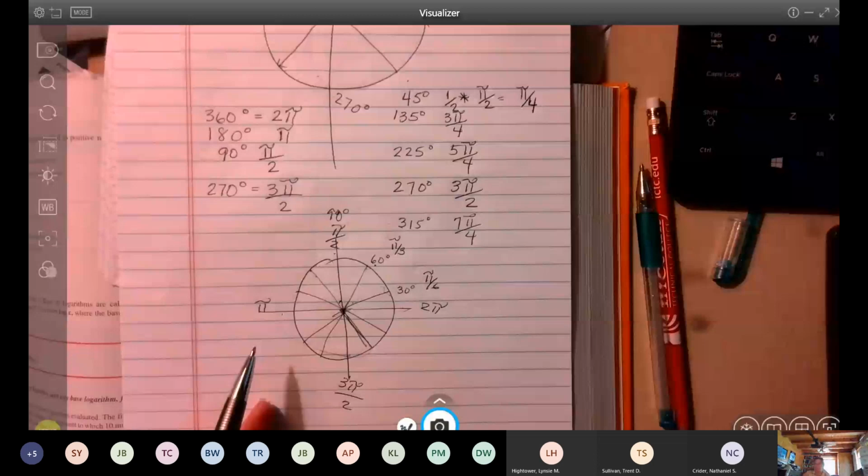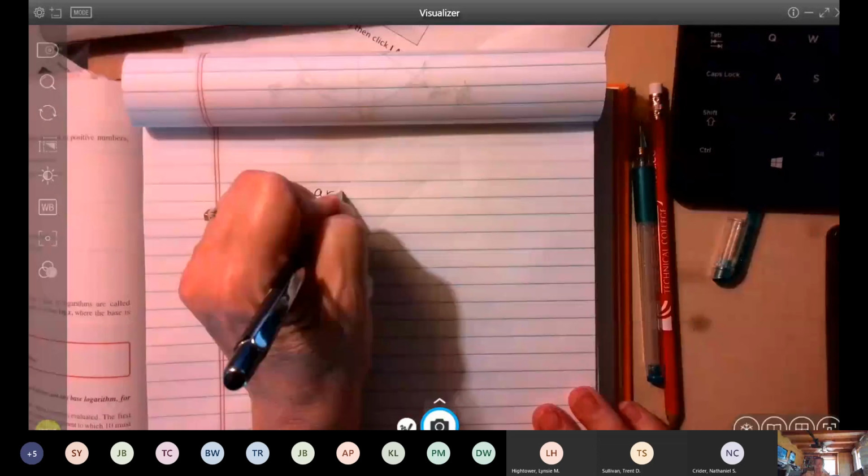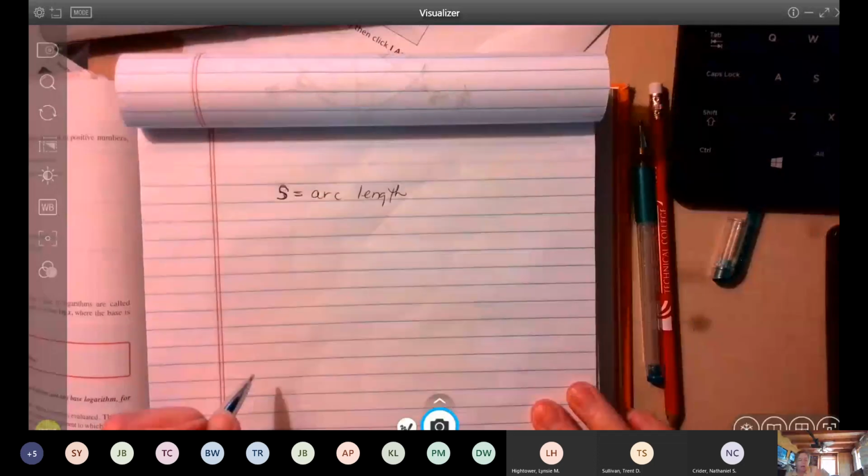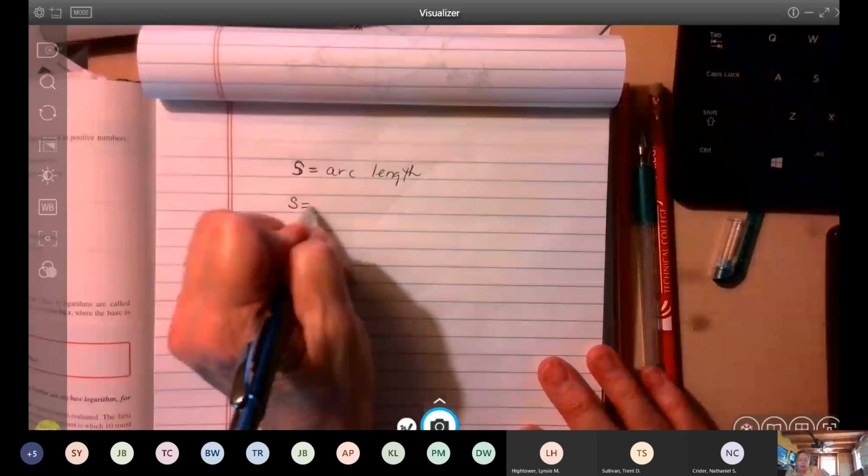So as we're looking at different degrees and different arc measurements and radians, if I knew a radius and I knew an angle measure and I wanted to find the arc length, which is referred to as S, S is going to equal my radius times my angle.